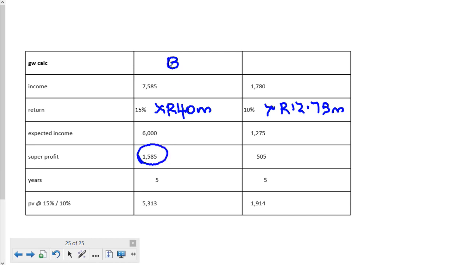If I have this super profit for 5 years and I discount it at 15%, this is the goodwill number. So plug it into your calcs, you'll see. So 1585 is the payment for 5 years using a discount rate of 15%.